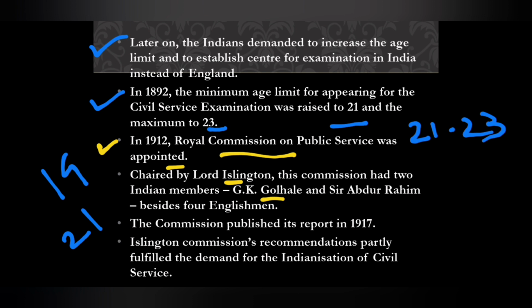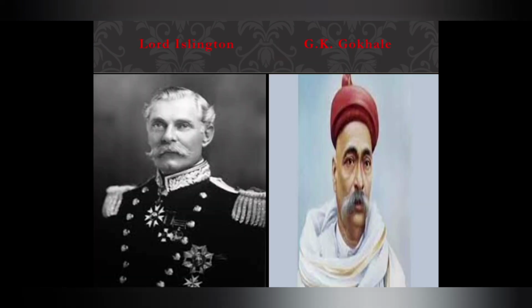G.K. Gokhale and Sir Abdur Rahim, besides four Englishmen. The commission published its report in the year 1917. The Islington Commission's recommendations partly fulfilled the demand for the Indianization of the civil service.